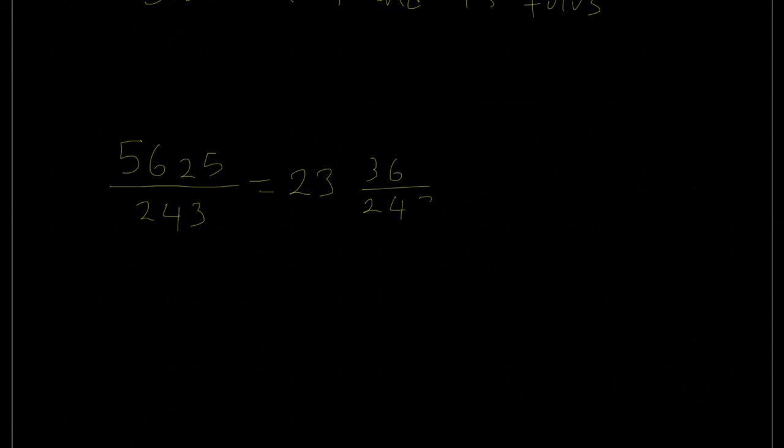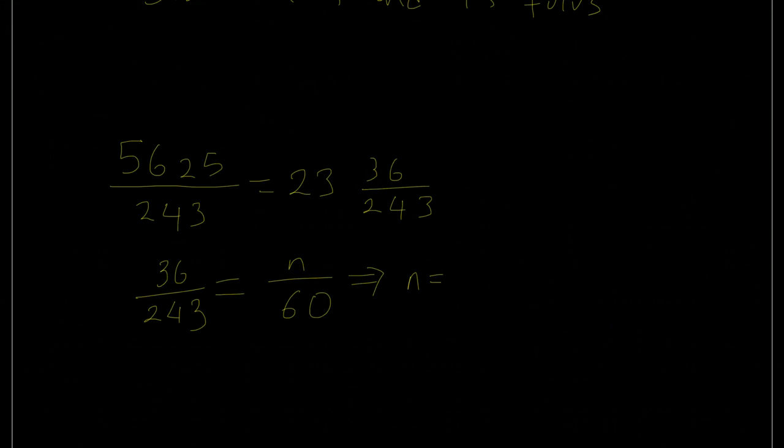Now, again, if you interpret this in terms of dirhams, dividing this many dirhams among 243 people, each gets 23 dirhams, and there are 36 dirhams left over. So if you ask the same question, if you distribute further 36 dirhams among 243 people, how many flus does each person get? So you can set this proportion, and you can solve this for n.